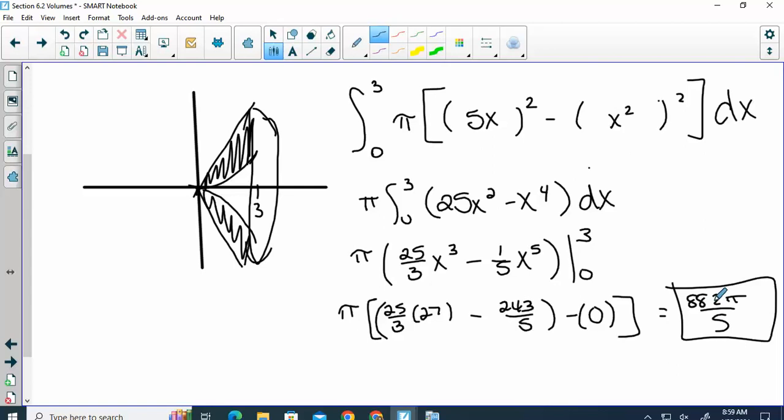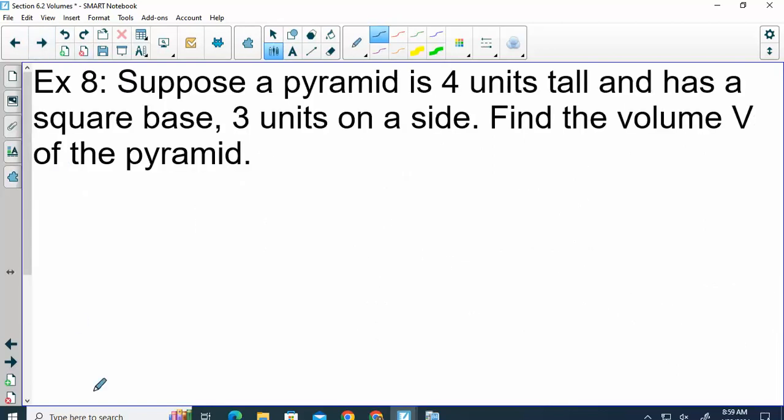The last one, I'm not giving you any problems like this one, but I just wanted to show you, we have been integrating everything with a curve, so I just wanted to do at least one problem where it wasn't a curve, just to show you this still works. So suppose we have a pyramid, 4 units tall, with a square base, 3 units on a side. Find the volume of the pyramid.